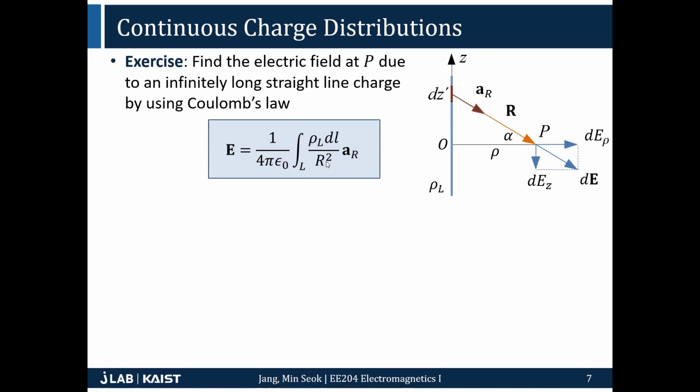And as I said earlier, in order to specify the source coordinates, source positions, I use primed coordinates. And in order to specify the point of interest, I use unprimed coordinate variables.